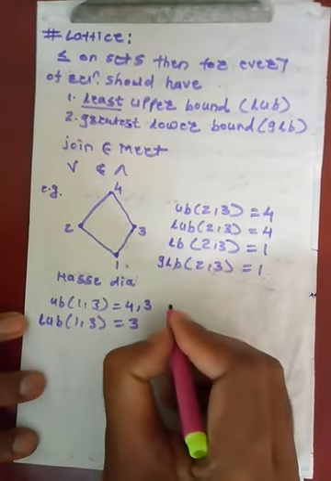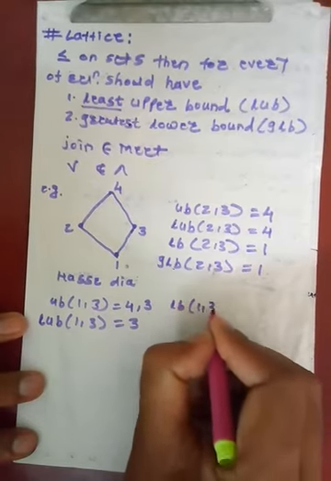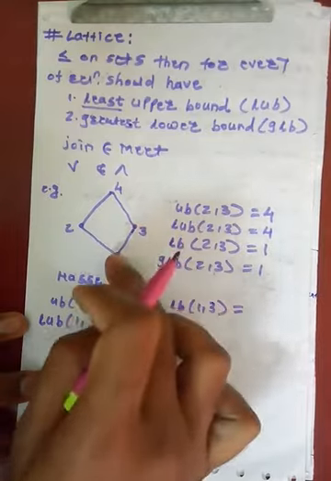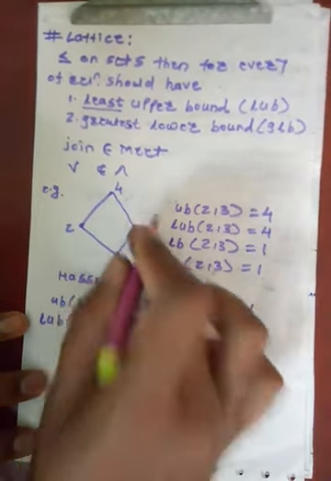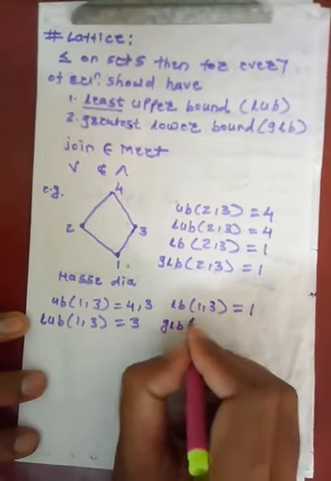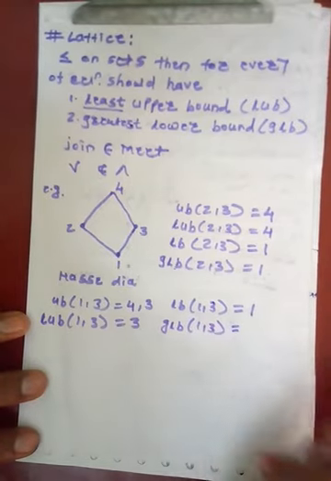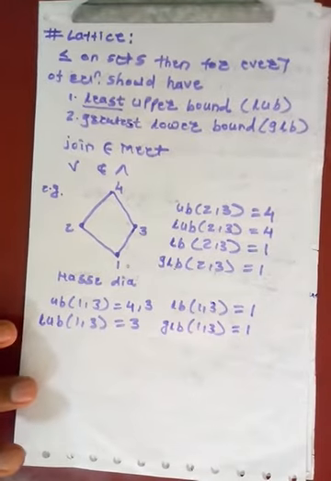Now the lower bound of 1, 3, where they meet, is 1, so the greatest lower bound of 1, 3 is again 1, right?